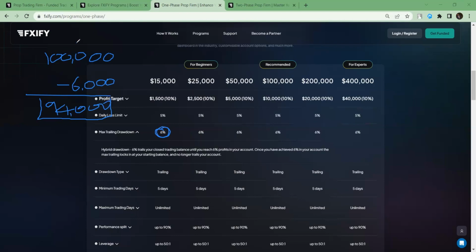All right, so let's say you have made 3%, which is 3,000. What will happen is that your drawdown will trail.